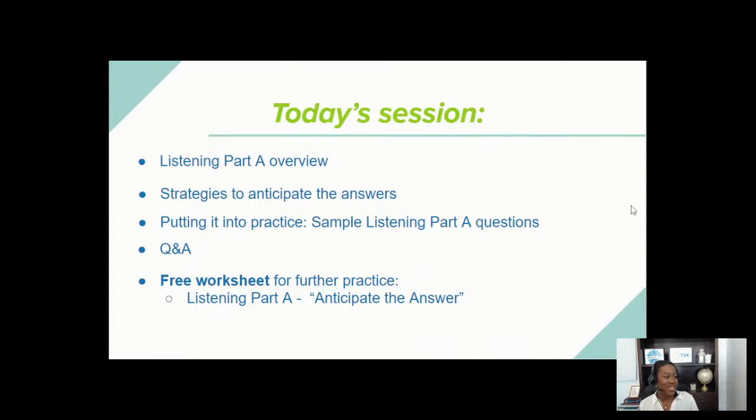Okay, so what we're going to do first of all in today's session is look at the listening test format, just a brief overview of that, and then we're going to have a look at strategies that can be used to anticipate the answers.